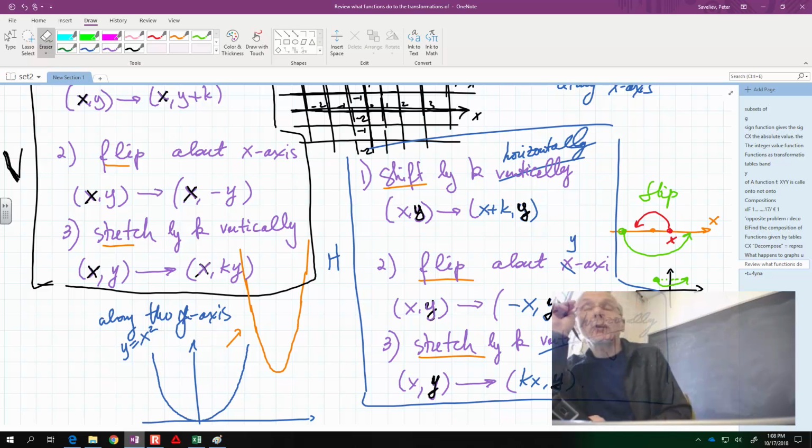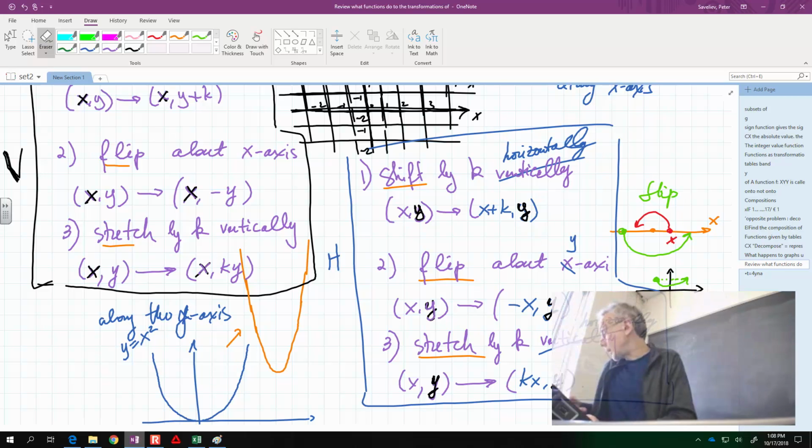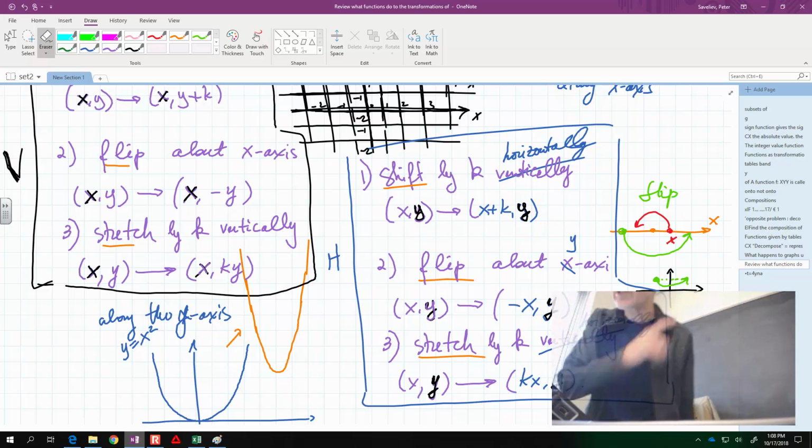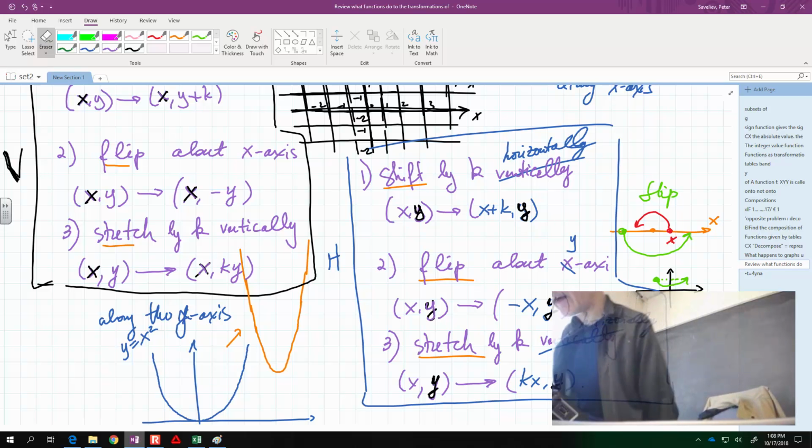Combine. Yes, combine. How can you be more specific? For example, you could flip about an axis and then also shift it. Well, you can stay within each of the lists.